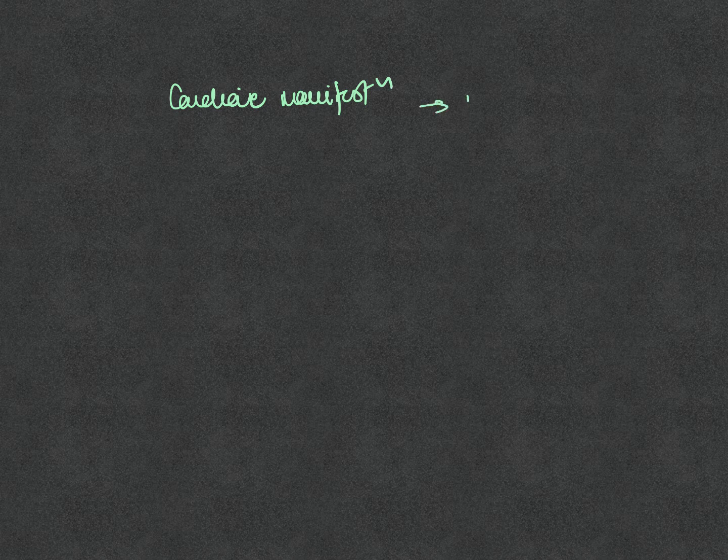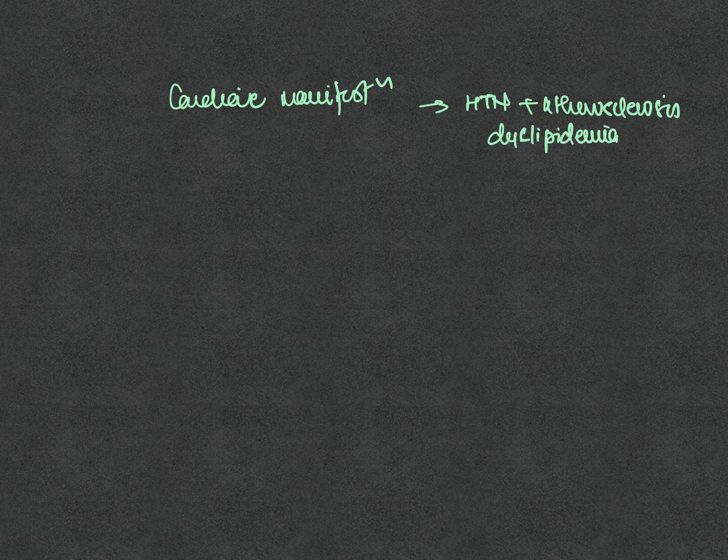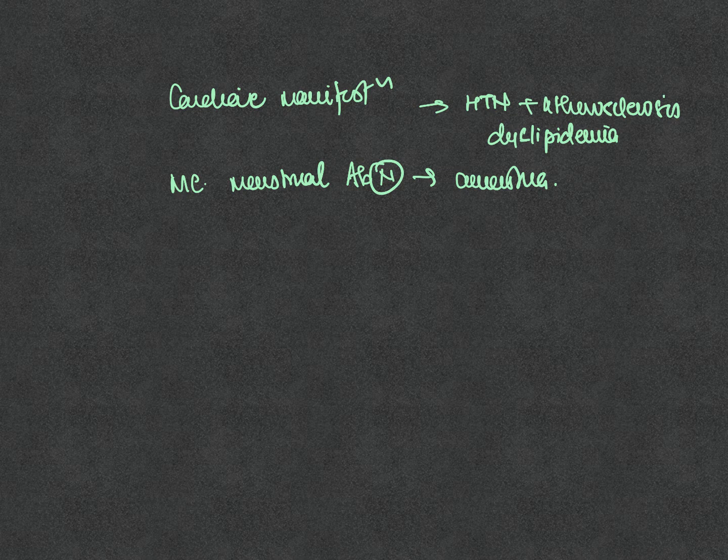They are going to have hypertension, atherosclerosis, plus dyslipidemia. Then the most common menstrual abnormality is amenorrhea because of androgen axis.